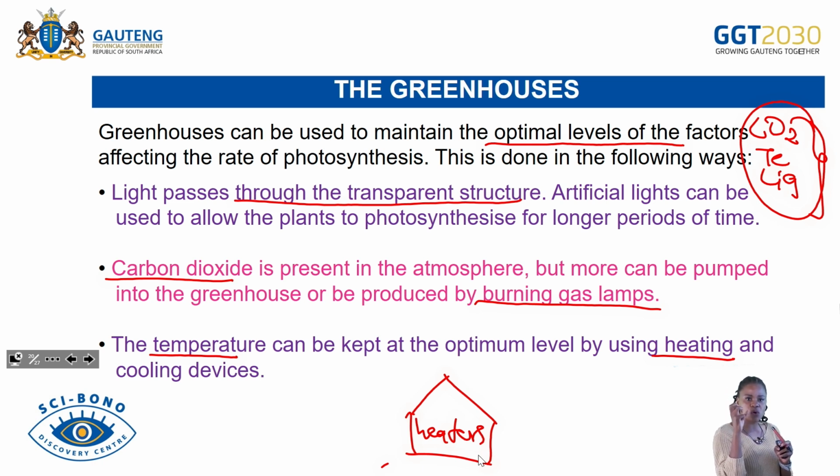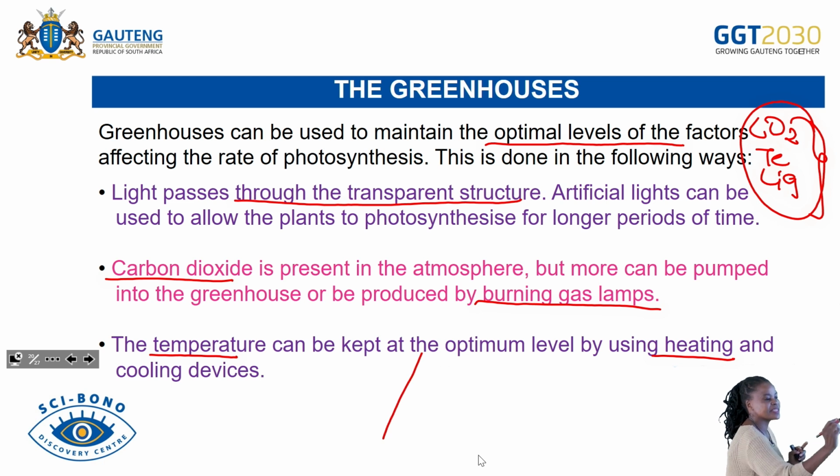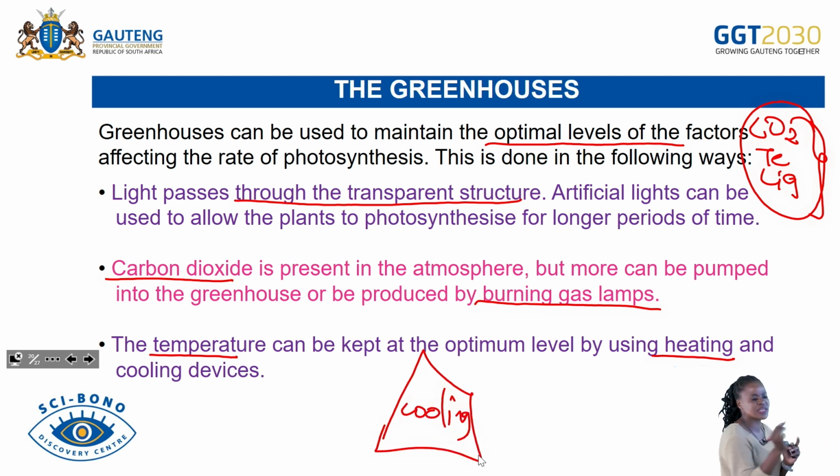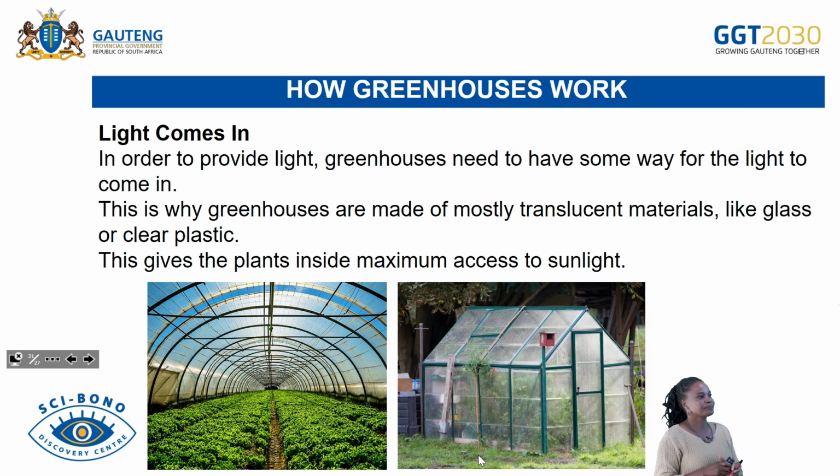But on hot days, they can also use the cooling system inside the greenhouse. And most of the time the cooling systems that we are using will be fans. So they can use the fan to cool down or decrease the temperature, so that it is always at its optimum level for the process of photosynthesis to take place.